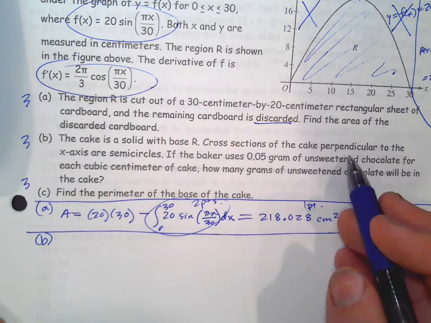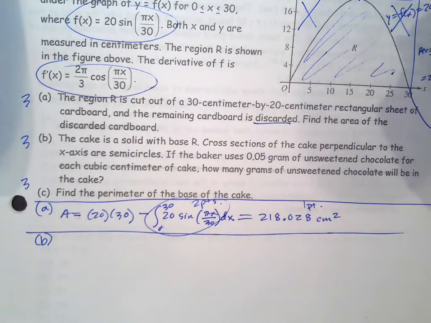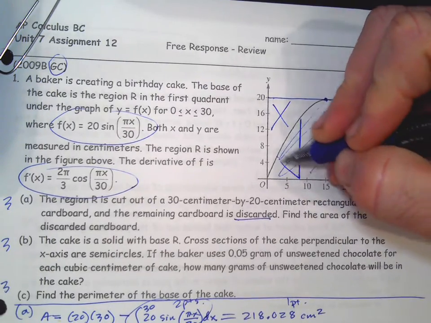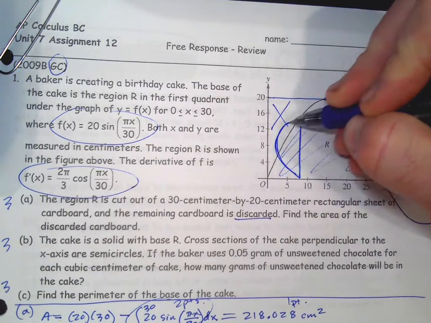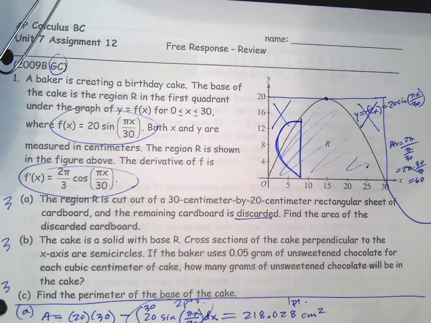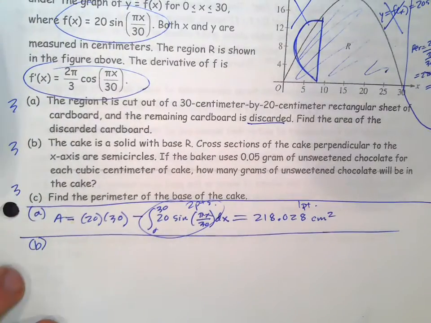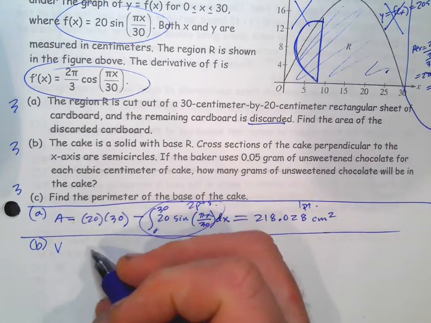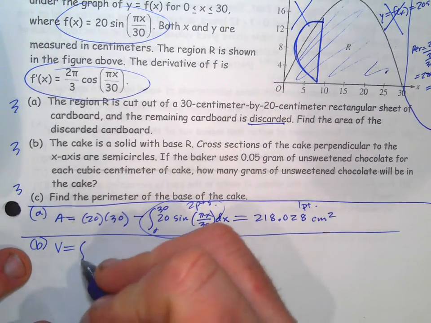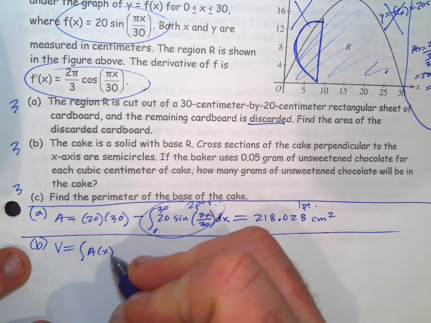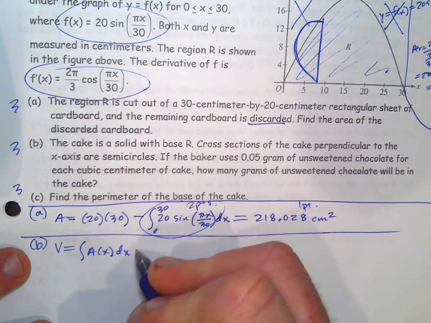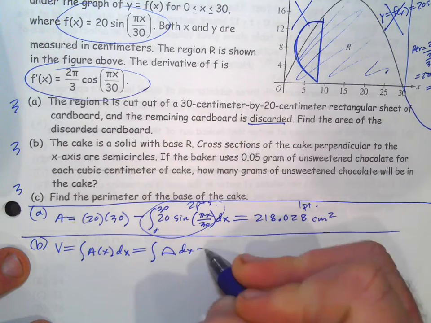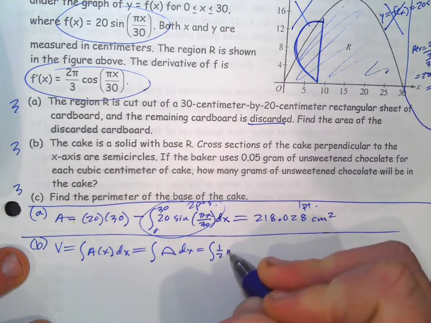Part B says the cake is a solid with base R. Cross sections perpendicular to the x-axis are semicircles, so this is volume by cross section. We can draw one slice. So the volume is going to be some integral of area in terms of x, and dx is the thickness, which gives you the volume. They're going to be half circles, so 1/2 pi r squared.